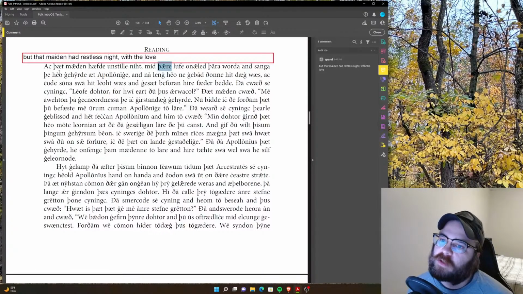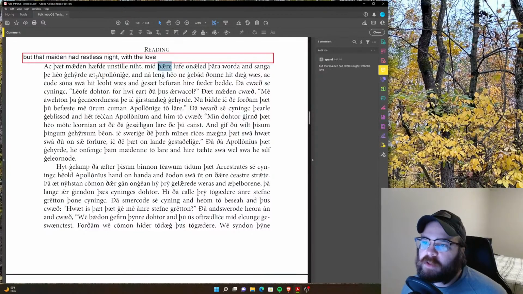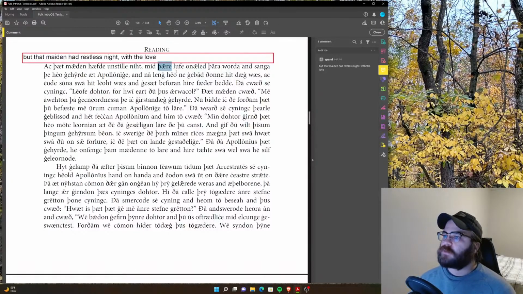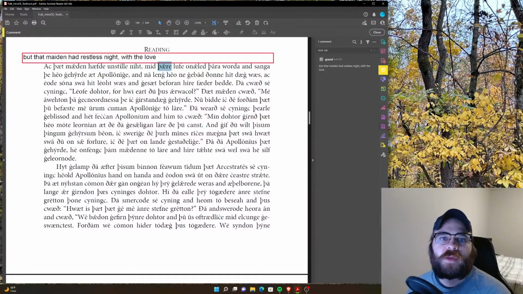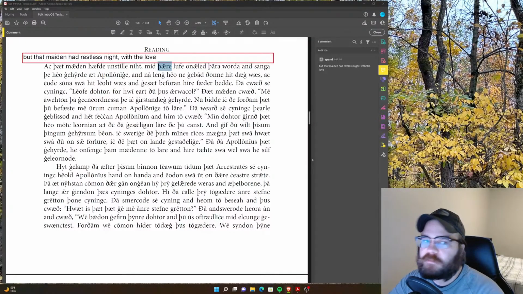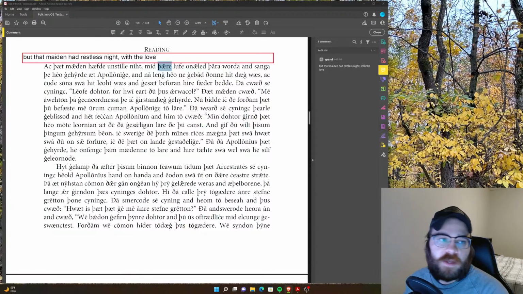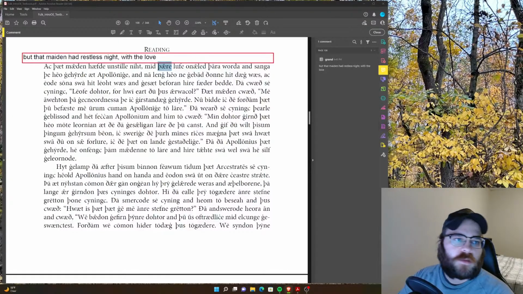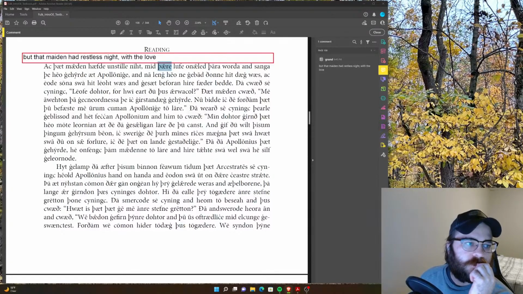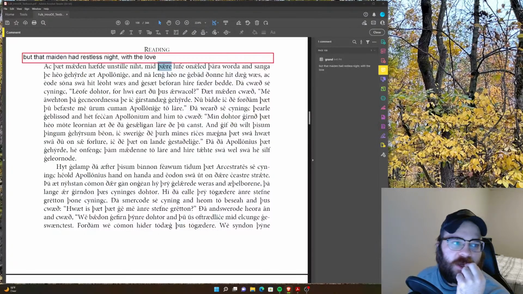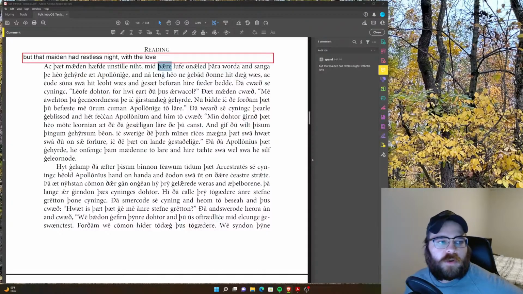Onæled, þara worda and sanga, þe heo gehierde æt Apollonius. Onæled. We're going back to my little dictionary here, because that is a fun word. I have no idea what it means. Onælan. Yeah, okay. Onælan.